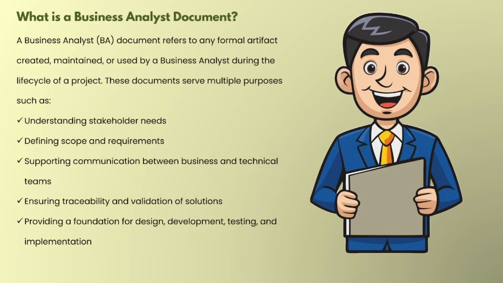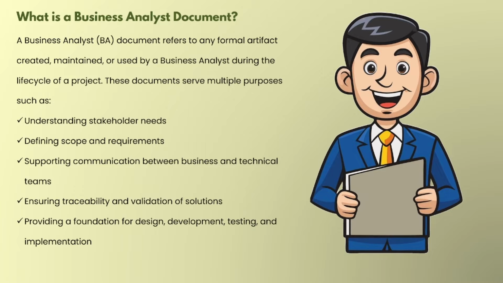Now let us see what purposes these documents solve. Very first, understanding stakeholder needs. We use documents to capture what different people in the business actually want. Then defining scope and requirements. These docs help us clearly say what's in the project and what's not. Then supporting communication. Such documents act like a bridge between the business and the tech team.